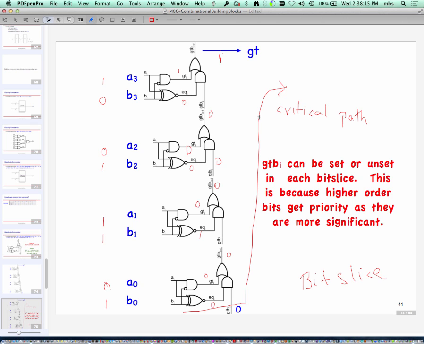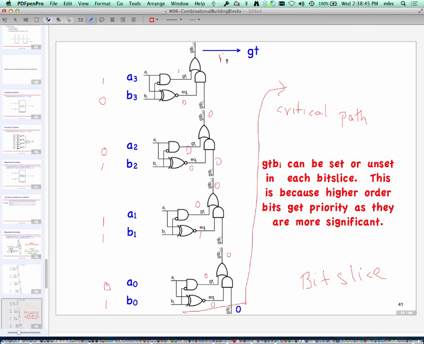Okay. So in the worst case, for some input pattern, it may happen that a change here goes through this XNOR gate, goes through these stages, and then finally affects GT. In this particular case, unfortunately, that will not happen. But let's say all my upper bits were the same, and a change in the LSB can affect things now.